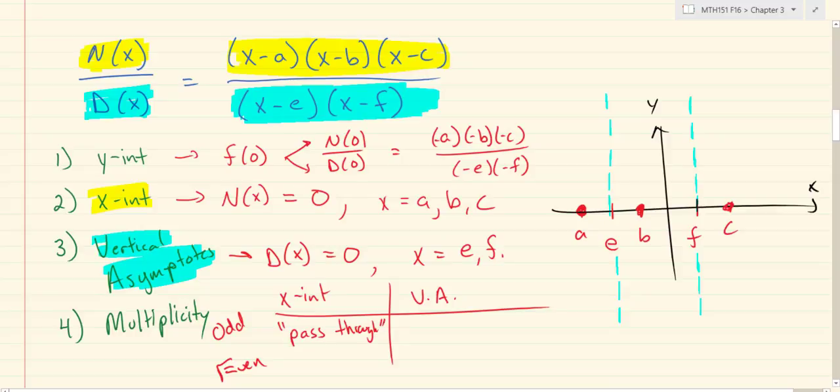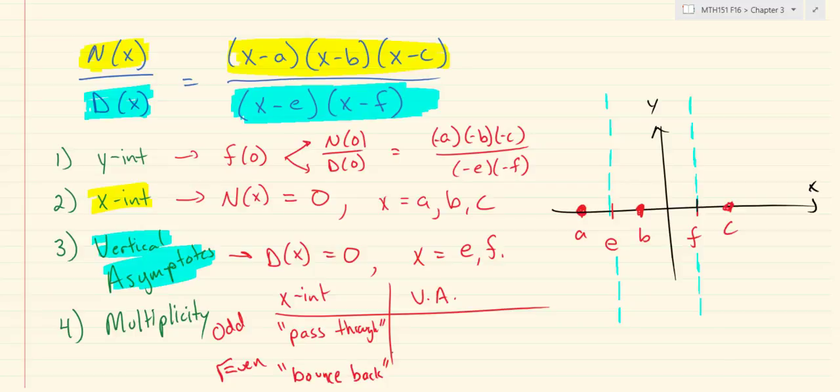The graph passes through that x-intercept. There's a sign change. It either goes from a positive y value to a negative y value, or from negative to positive. If it is even, then you have a bounce back, which means that the graph reflects off of that x-intercept. If it's positive, it stays positive, and if it's negative, it stays negative.